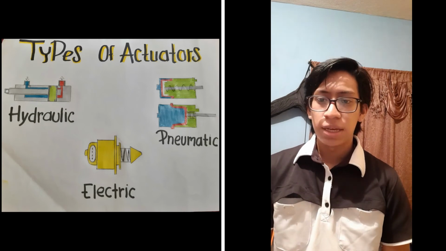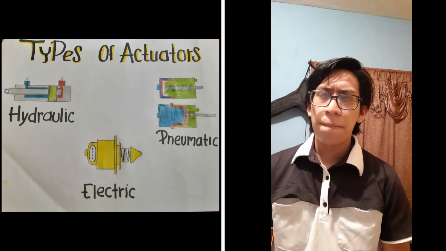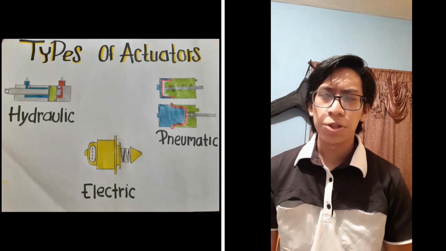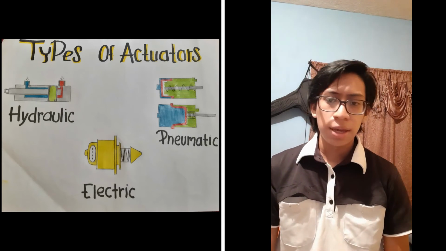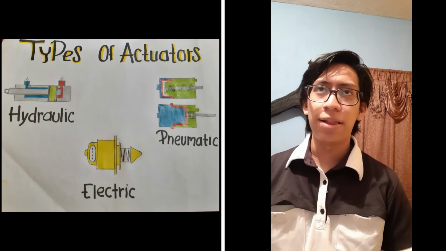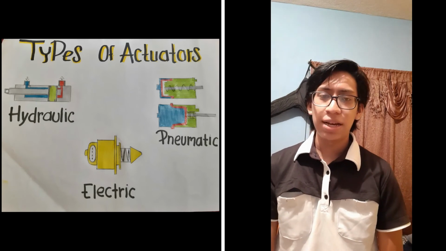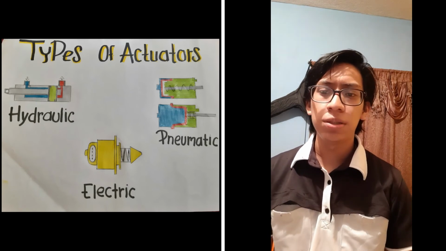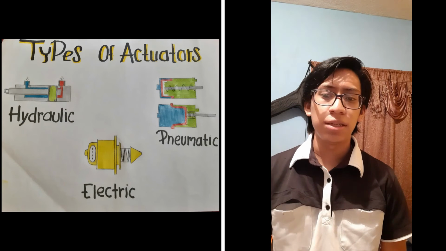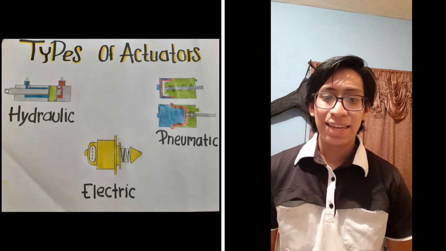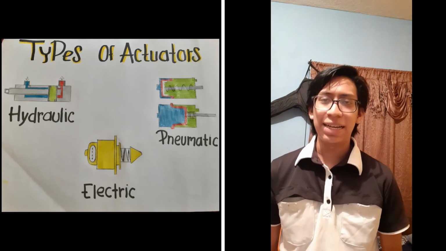Electric. An electric actuator might provide the actuation force or torque in one or several ways. Electromechanical actuators might be used to power a motor that converts electrical energy into mechanical torque.